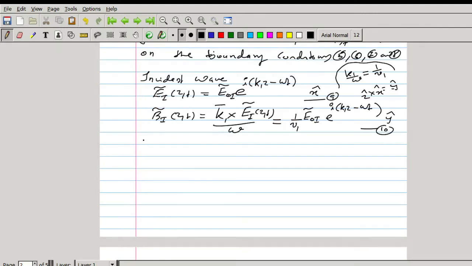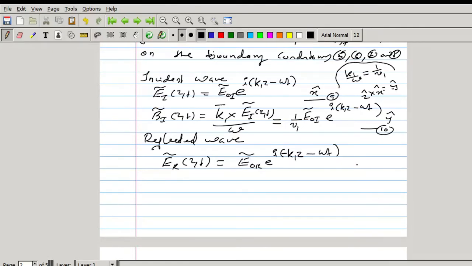In a similar way, we can write the reflected wave as ER of z,t equal to E0R e raised to i minus K1 z minus omega t, along the x direction.